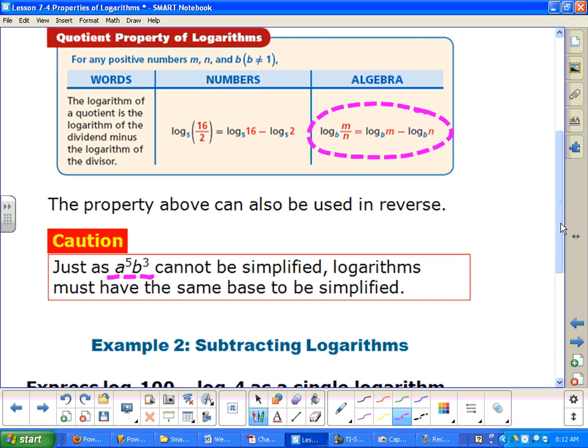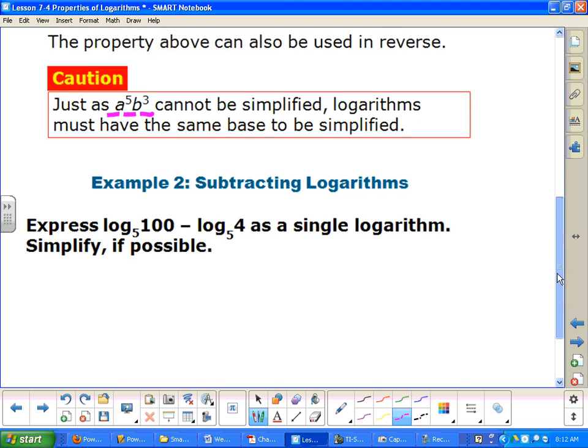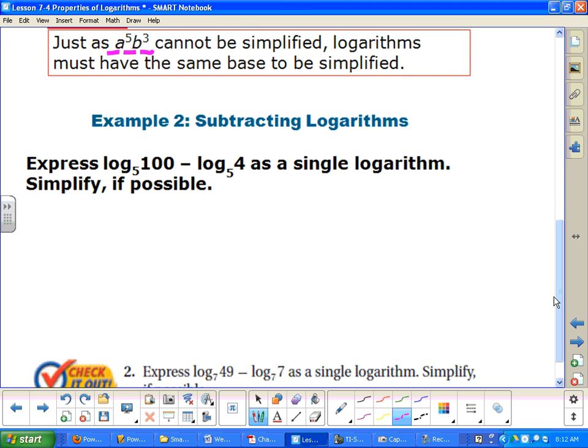Or if they're subtracting them with the same base, you can write it as a quotient. It's a division problem. So here we have the log base 5 of 100 minus the log base 5 of 4. They want us to write it as a single logarithm, and then if we can, simplify it.